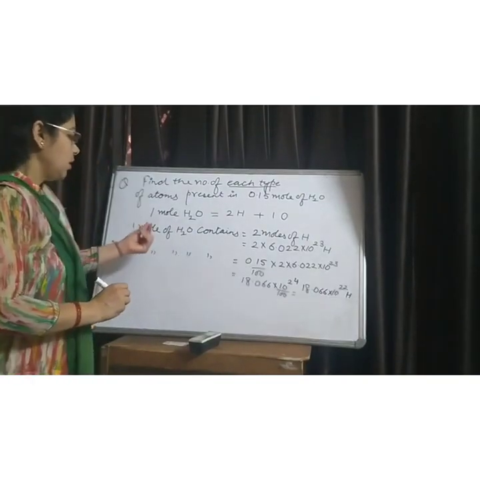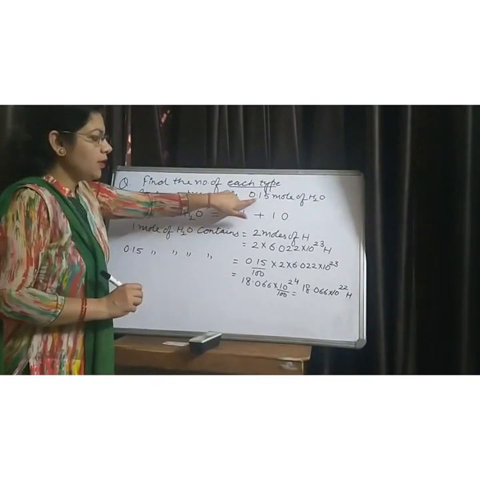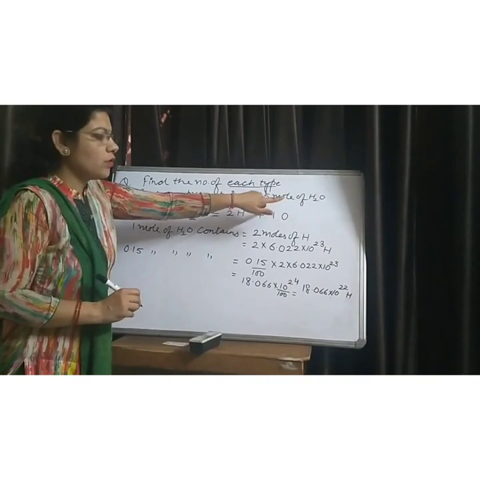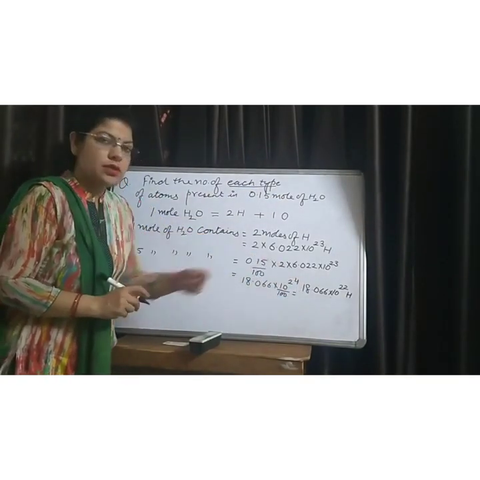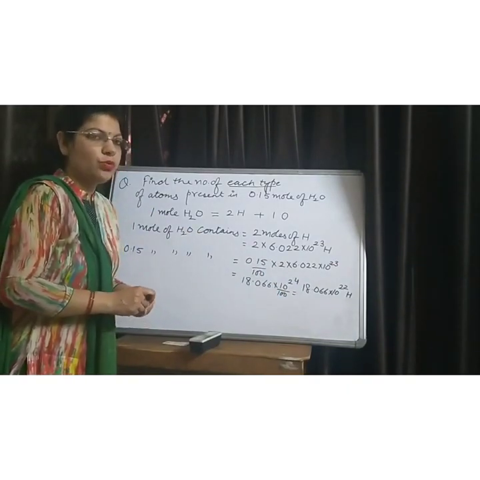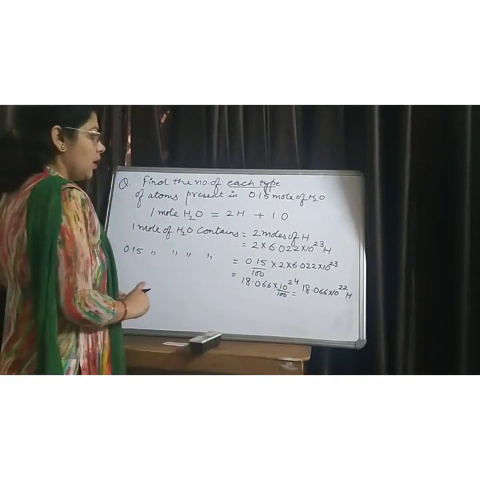It means in 0.15 moles of water, there are 18.066 into 10 raised to power 22 hydrogen atoms.